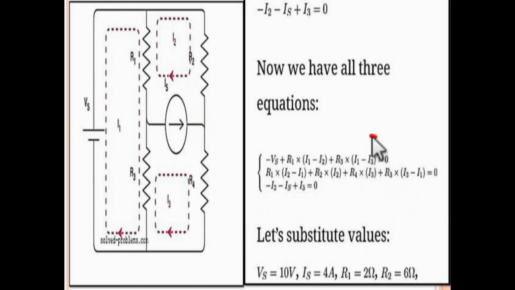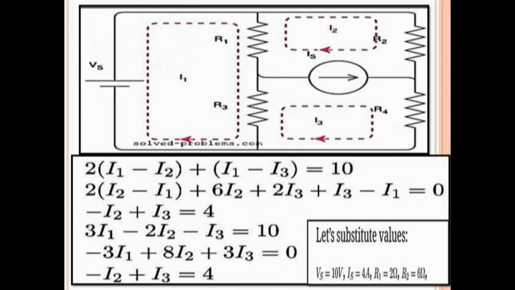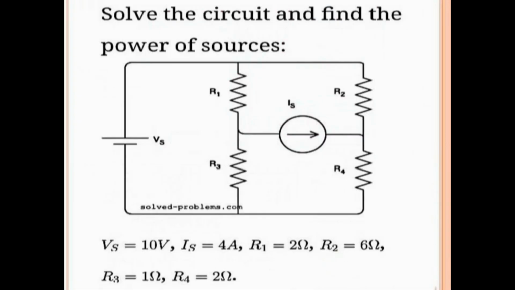So now guys, by solving all these three equations, you can get the values of I1, I2 and I3. So let's see what is the answer. Here it is written over here. You can substitute the values given over here: Vs 10 volt, Is 4 ampere, R1 2, R2 is equal to 6, R3 equal to 1 and R4 equal to 2.